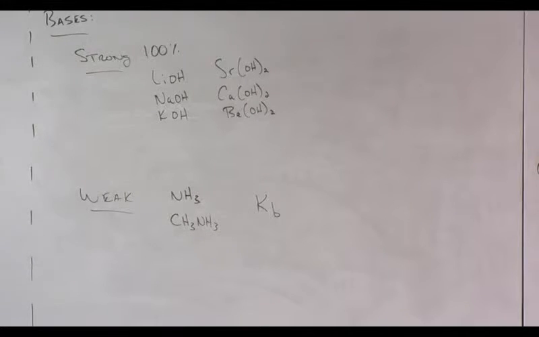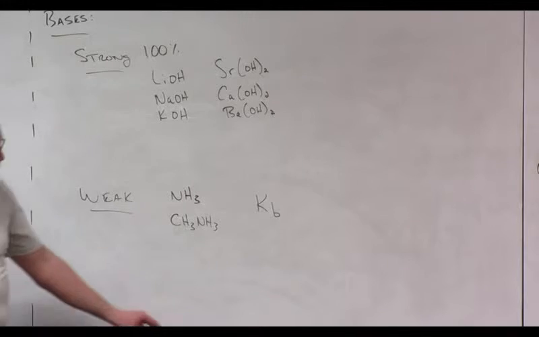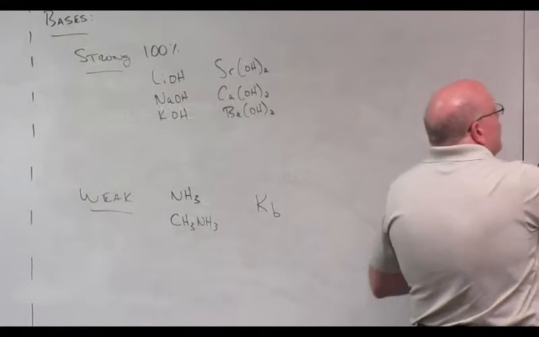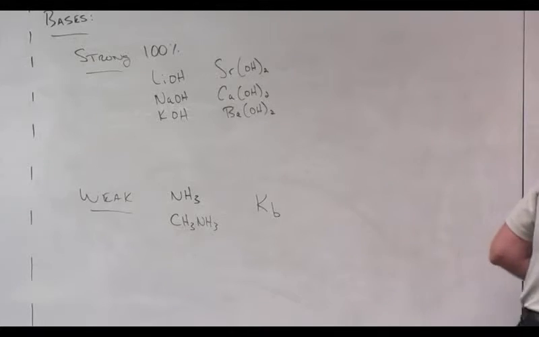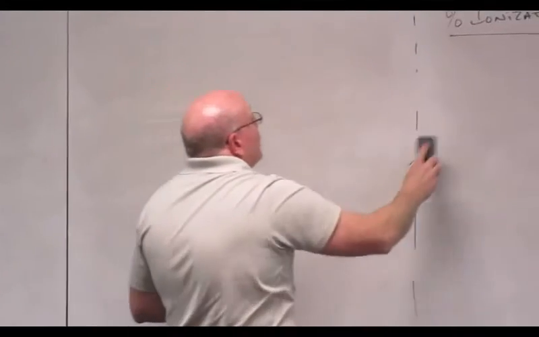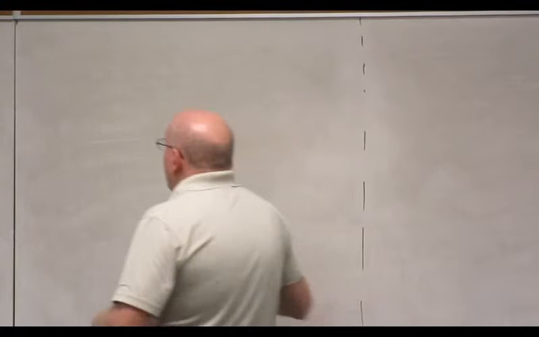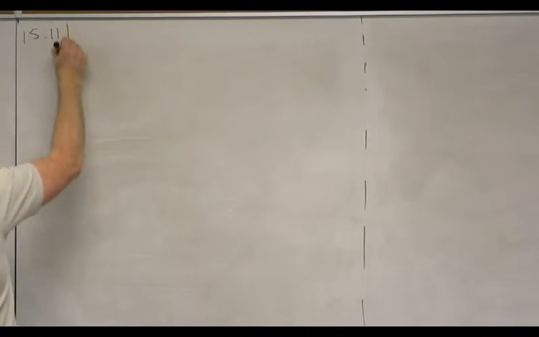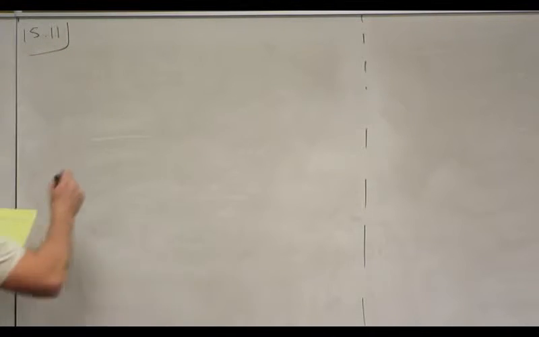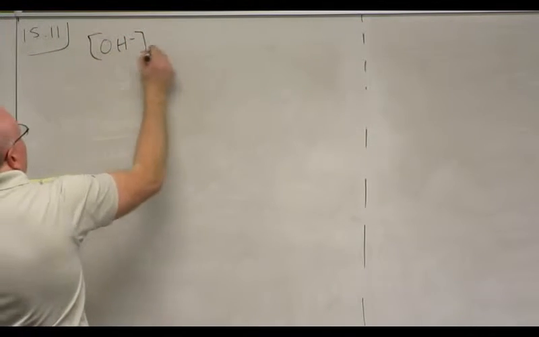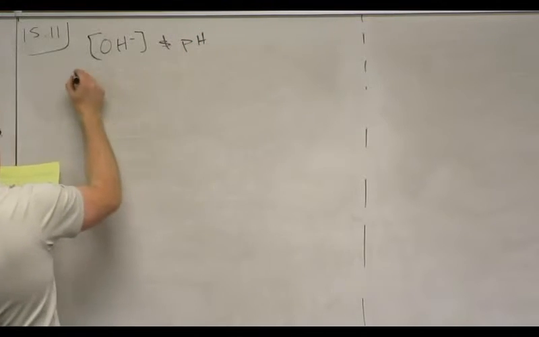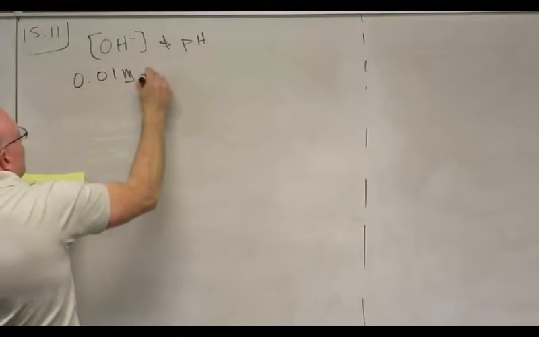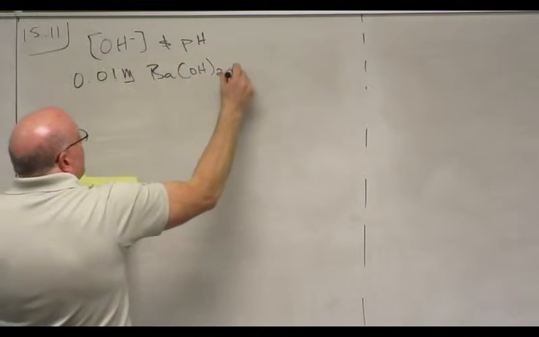If we look at two problems with these, we'll look at 15.11. Here we have: find the hydroxide ion, OH minus concentration, and the pH for a 0.01 molar barium hydroxide solution.